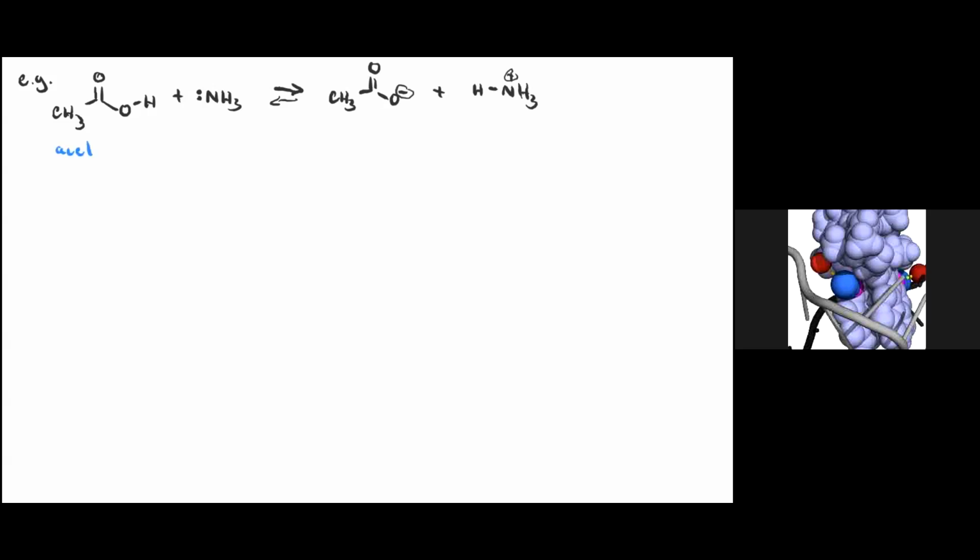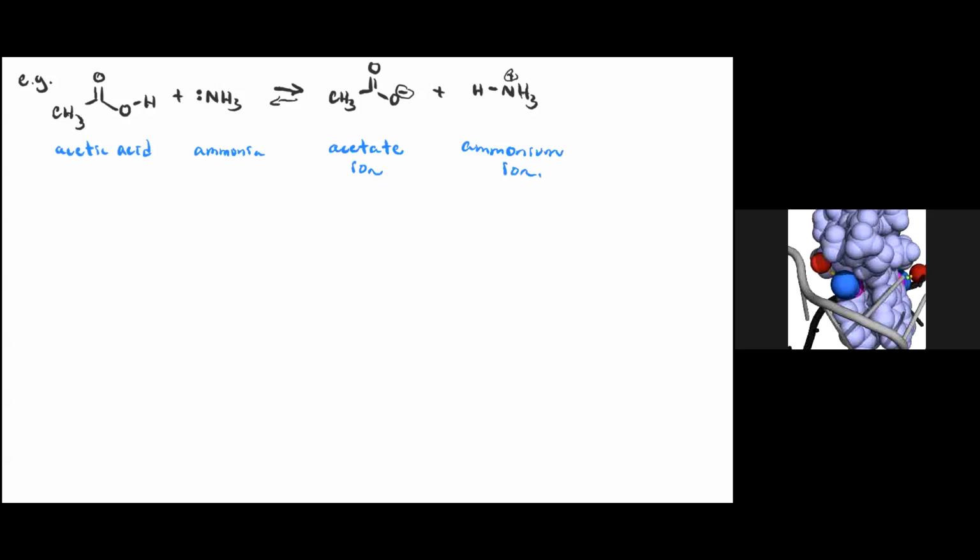This is found in vinegar. That's what gives vinegar its distinctive smell. Ammonia, of course. And on the right, we have acetate ion and ammonium ion.